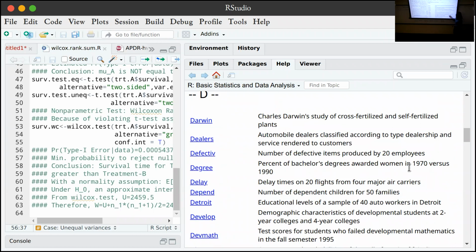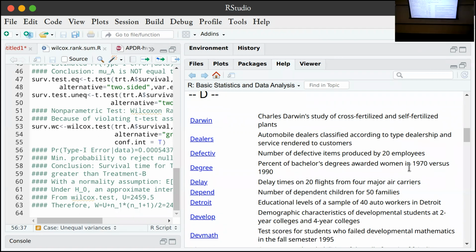Very good. So here we are comparing demographics of 2-year colleges and 4-year colleges, so two different samples. Are the populations independent? Yes. 2-year colleges are completely different from 4-year colleges. So that is a good candidate.